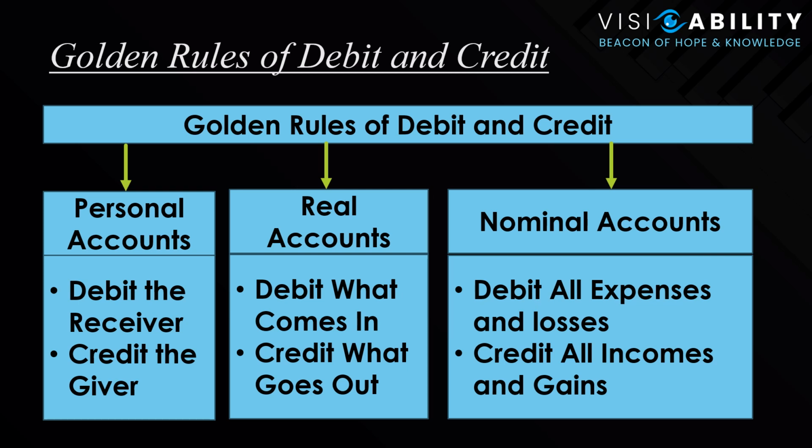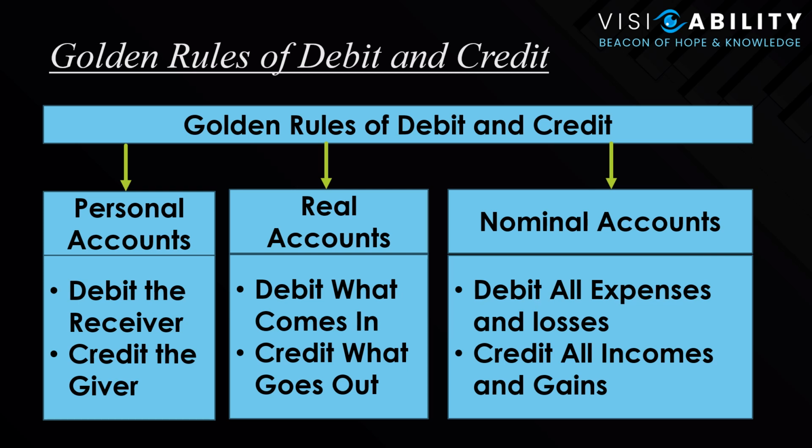So the debit side is where you write when a thing comes in, and the credit side is where you write when it goes out. In case you are receiving cash, you write it on the debit side, but in case you're paying cash, you write it on the credit side. I hope this example was clear enough. What applies to cash applies to the rest of the things that you transact in.